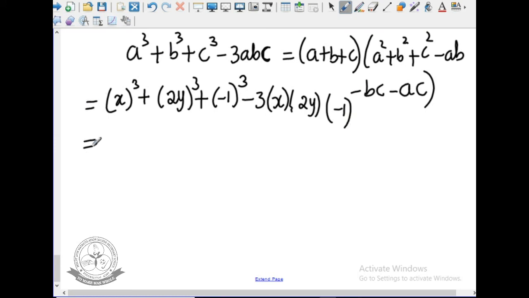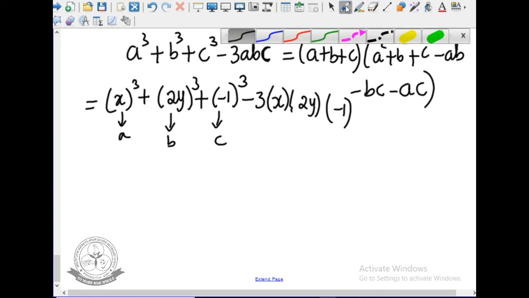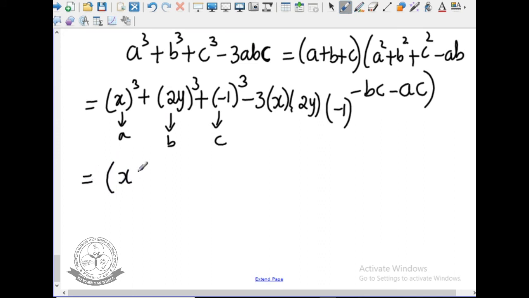So it can be written as, the right hand side is what? A plus b plus c. Here this is a value and this is b value and this is our c. So you can write a plus b plus c, that is x plus 2y minus 1 into a square. A square is nothing but x square plus b square.